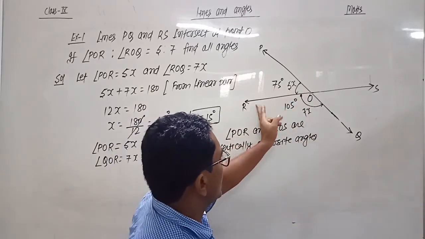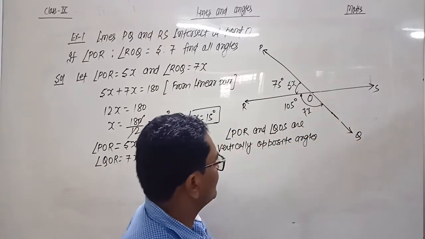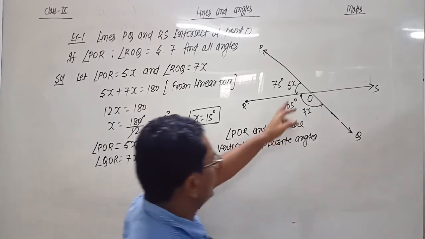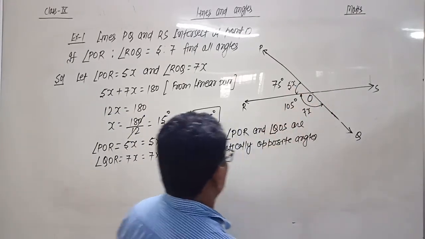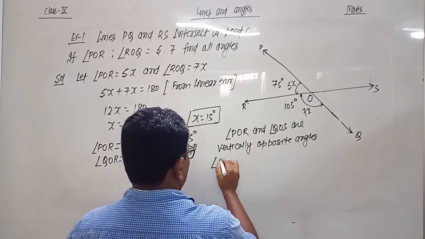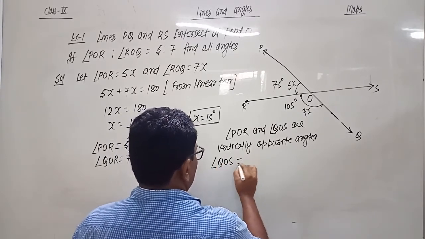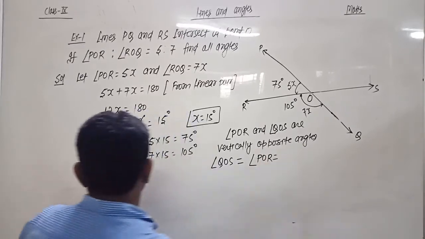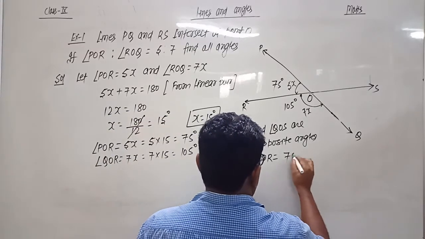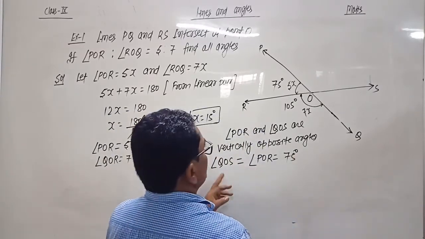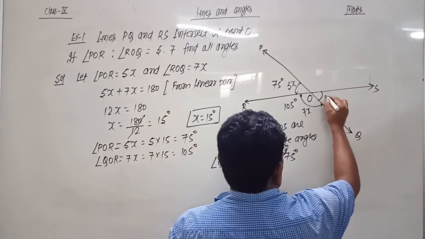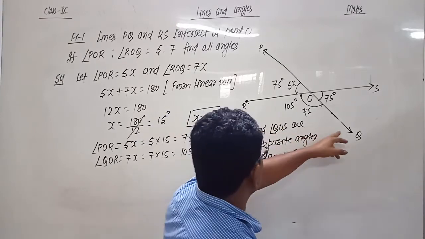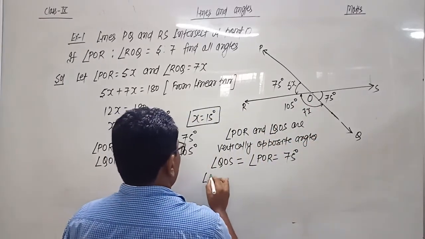Angle POR and angle QOS, they are vertically opposite angles, and we have proved the result that vertically opposite angles are equal. So we can say that angle QOS equals angle POR, and angle POR we have calculated 75 degrees. So angle QOS will also be 75 degrees.